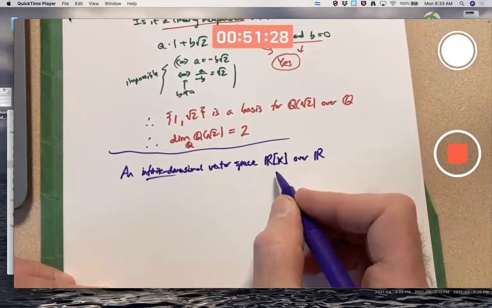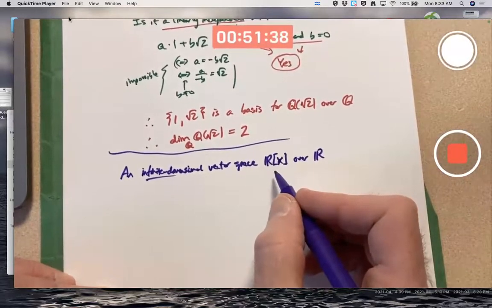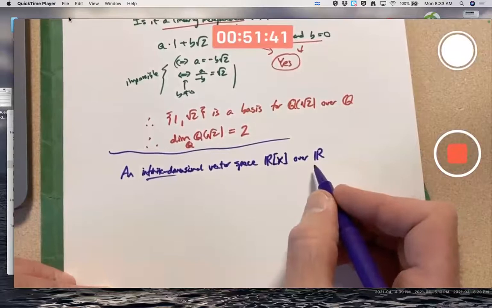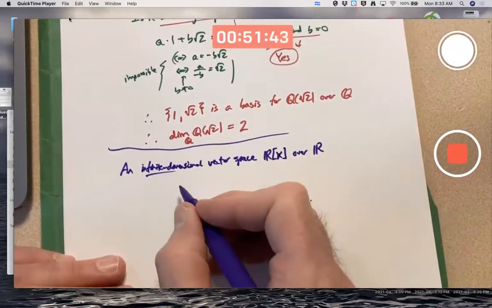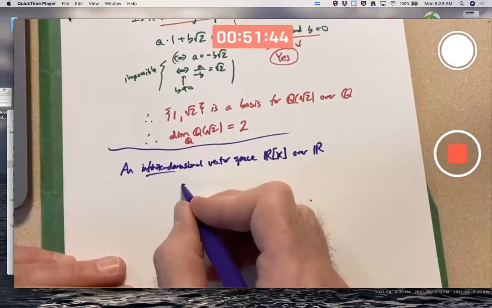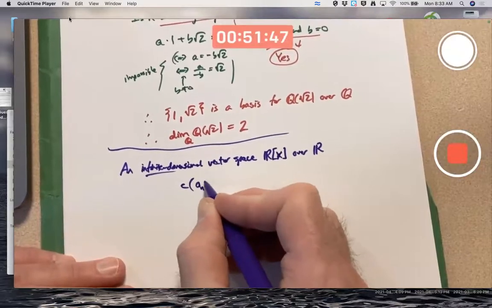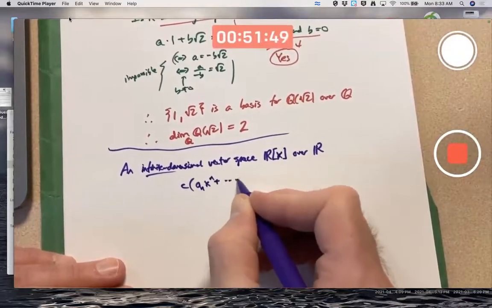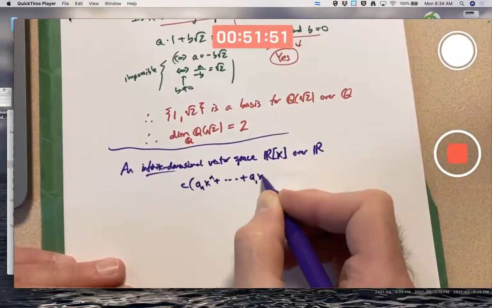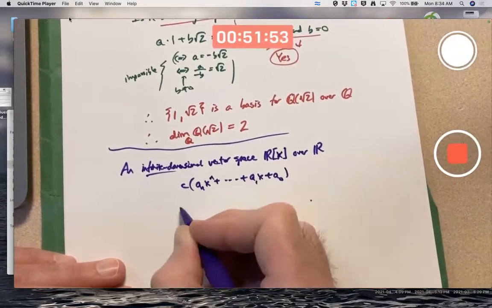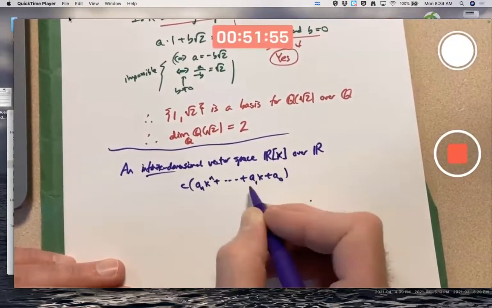If you think of those polynomials as being vectors that can be added, we already know it's an abelian group under addition. We can also multiply them by scalars, real scalars, and get another such vector, C times an arbitrary polynomial. You multiply each coefficient by C.